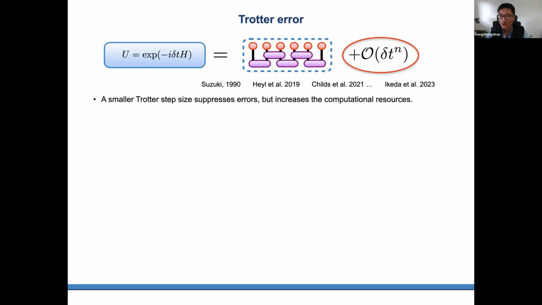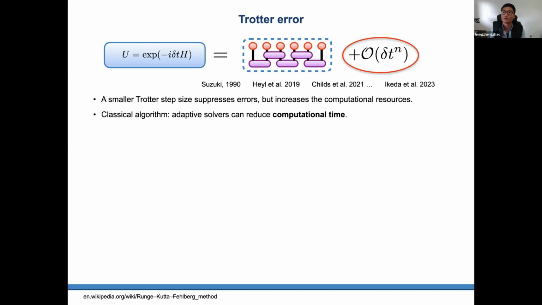Normally you can systematically suppress your Trotter error by using a smaller Trotter step size, but this increases the computational resources needed to reach a fixed time for your simulation task. This is not only a problem for quantum systems; many classical algorithms that solve dynamics in classical systems have this issue too, but people have spent decades trying to reduce the computational time.